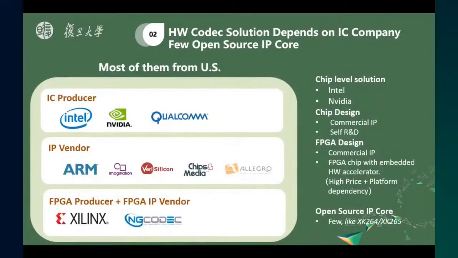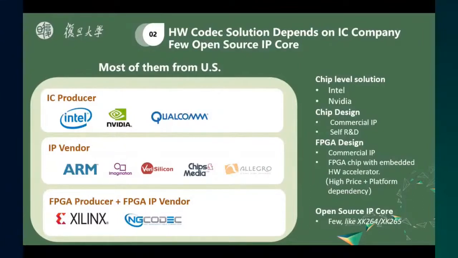On the other hand, a hardware codec solution depends on IC companies, and there are few open source IP cores. For chip level solutions, you need to use the chip designed by IC companies, and most of them are from the US. Currently, the most popular codec ICs are from Intel and NVIDIA, and they embed the codec hardware accelerator in their CPU and GPU.